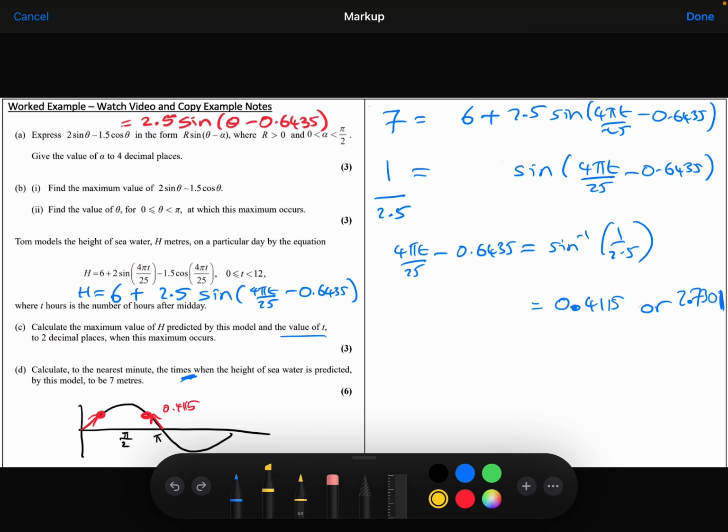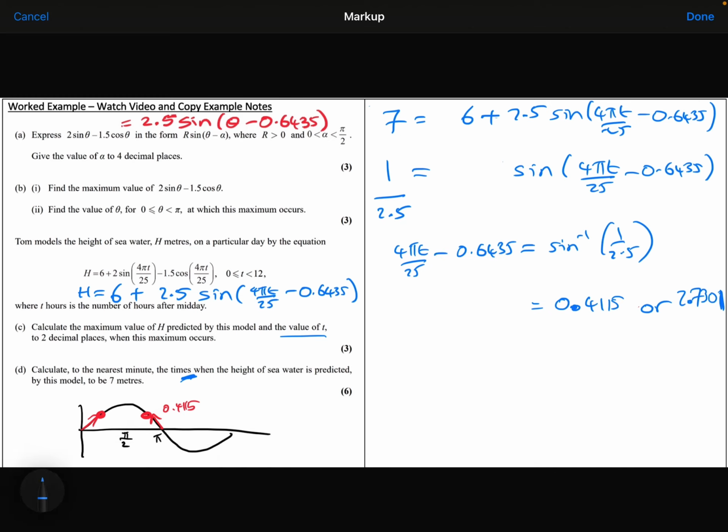I am now going to add my 0.6435 to both of those. So 4 pi t over 25 will be equal to, when I add it to the 2.7301, I get 3.3736.